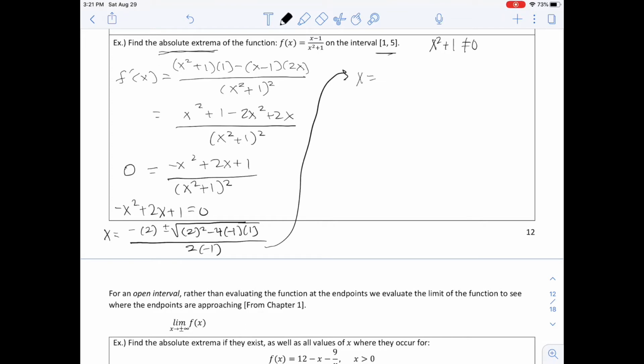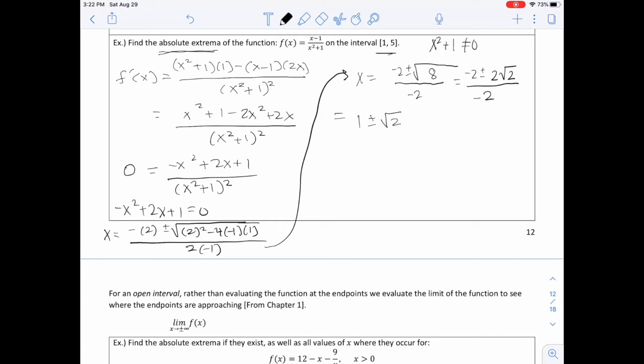We have x equals negative 2 plus or minus the square root of, and we have 4 plus 4, which is going to be 8, divided by negative 2. And then simplifying again, we get negative 2 plus or minus the square root of 8 simplifies to be 2 square root of 2 all over 2, which then simplifies again to being 1 plus or minus the square root of 2.